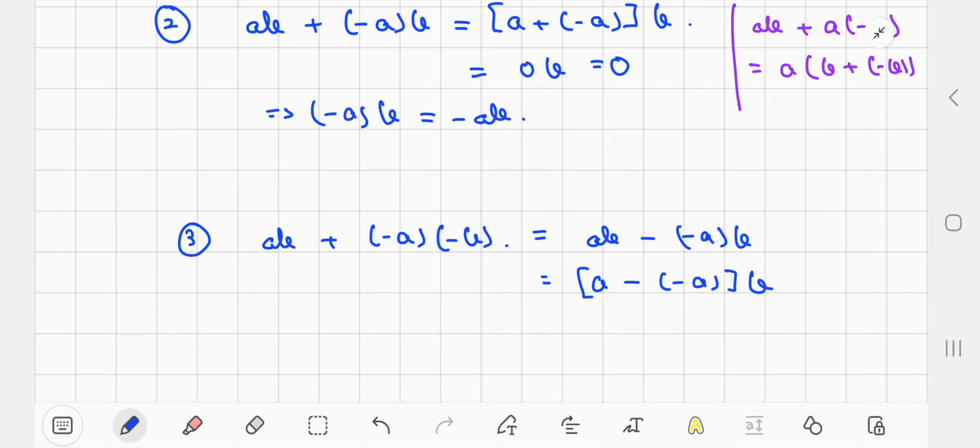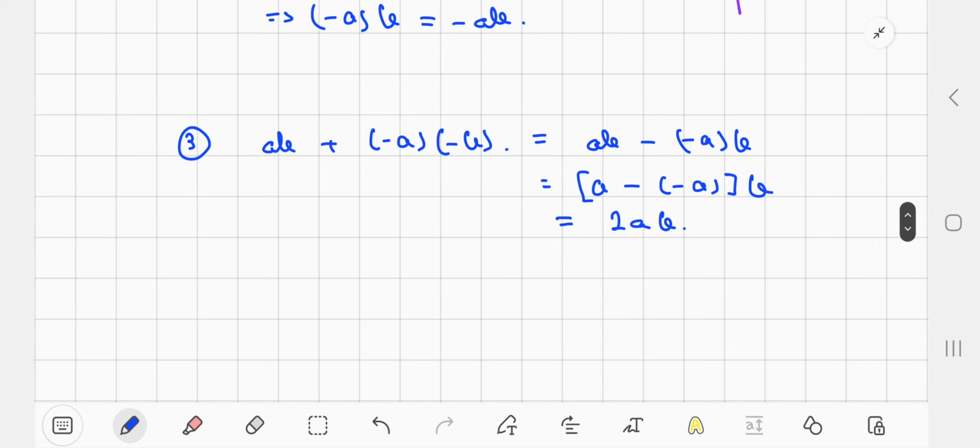Is it clear? But how can I follow out from here? So do we get anything interesting out from here? I guess we get 2ab, right? We get 2ab. So this implies that I can cancel out ab, so this implies minus a times minus b is equal to ab, right?